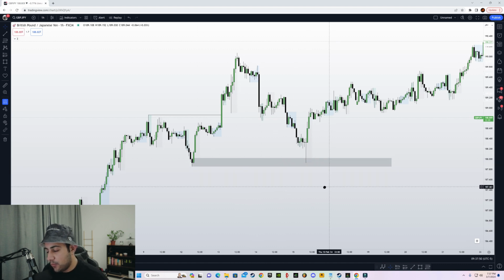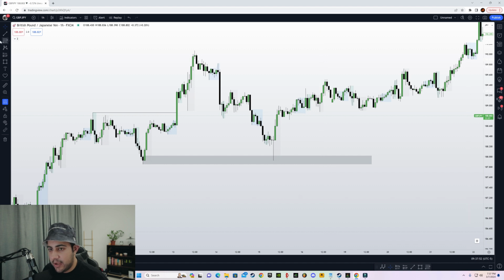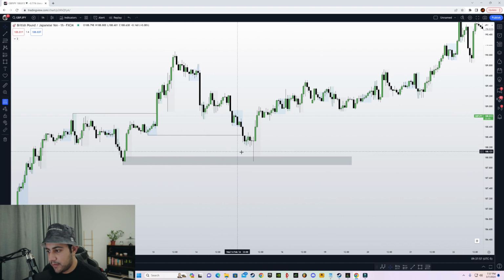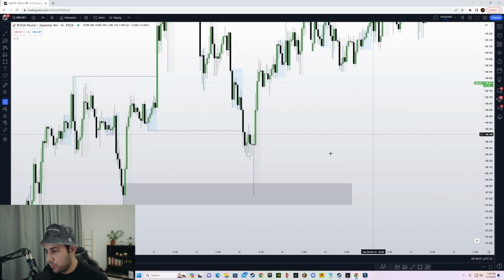So over here you can see that we had a buildup of liquidity here, and then also we had this tiny little low created just before our POI, right, in the London session.